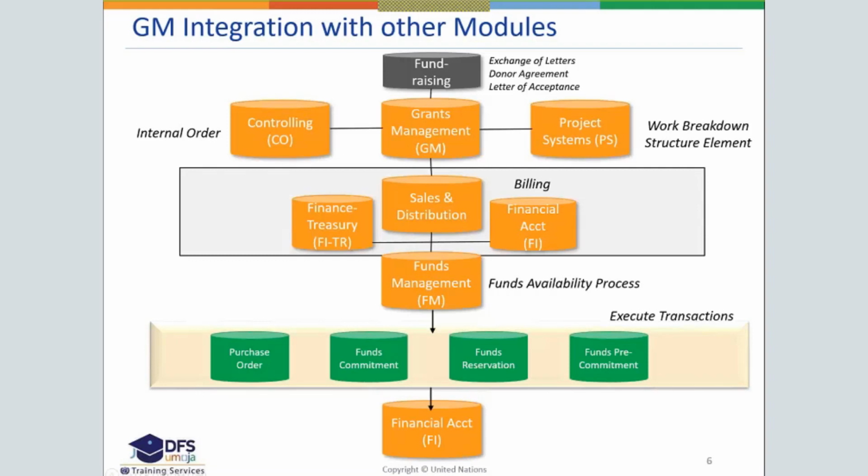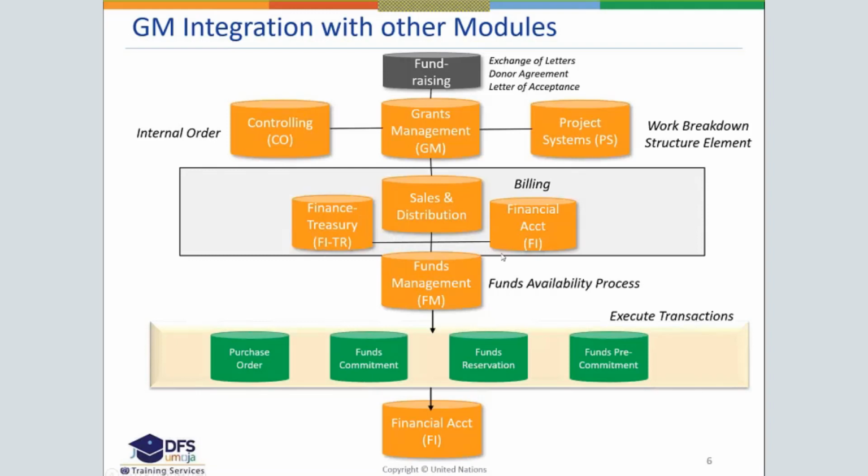So now we have to track the income of these agreements in our system. How? Through a sales order. Then we have the sales and distribution module as well, and of course finance and treasury and financial accounting if FI is involved.